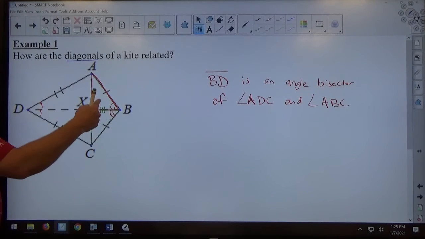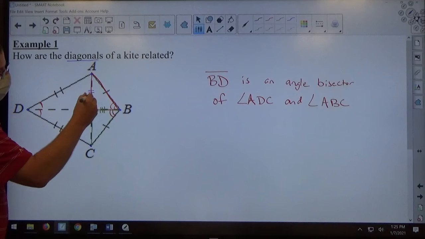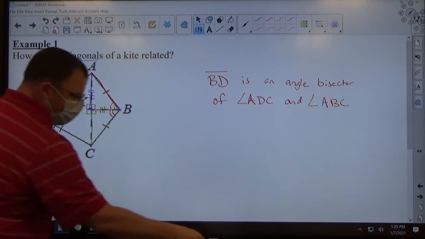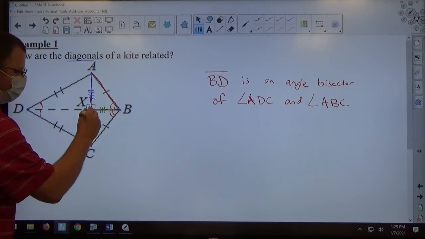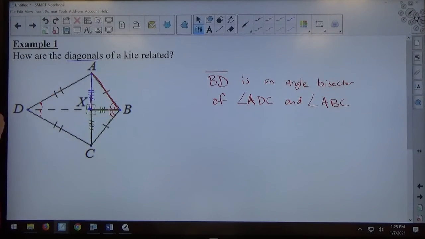In addition, these two triangles are congruent, which means their corresponding pieces are congruent. I know that AX, which is this piece here, is congruent to CX, which is this piece here, because they're both opposite equal angles in congruent triangles, corresponding parts.